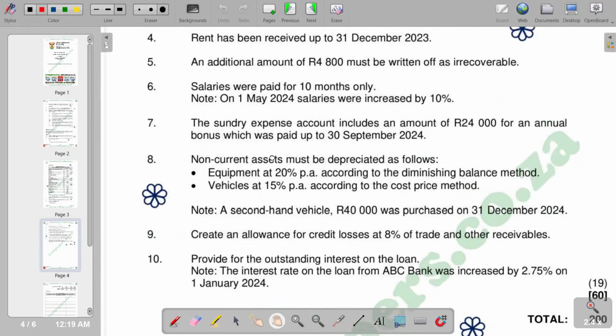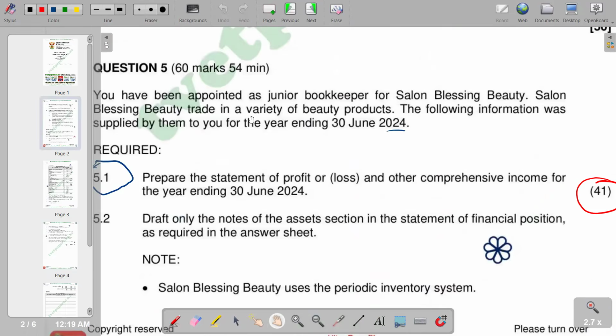Before you start to answer your question, you need to put down your financial year, where it starts and where it ends. For the adjustments, remember, we might have adjustments that need us to make proportionate calculations in terms of the number of months. For you to be able to do that, you should know your financial period. Remember, our financial period has 12 months. In this case, it is ending 30 June 2024.